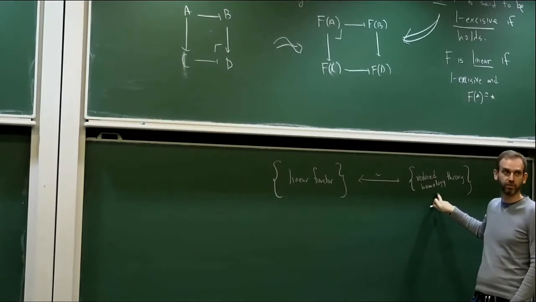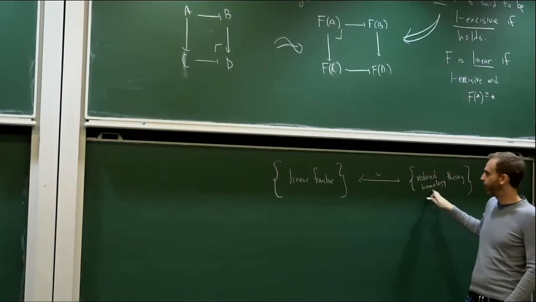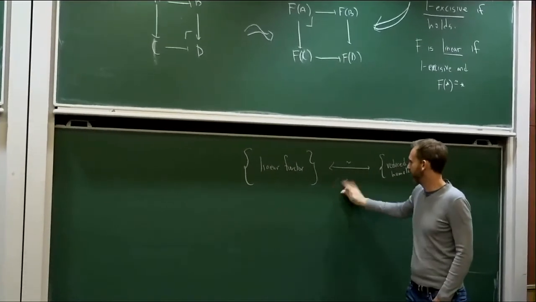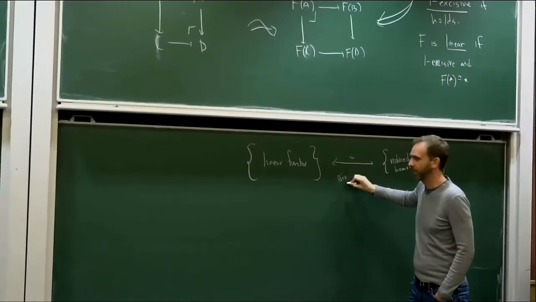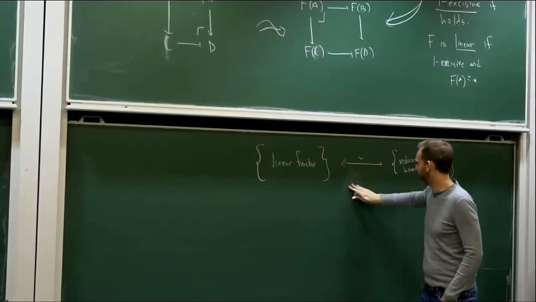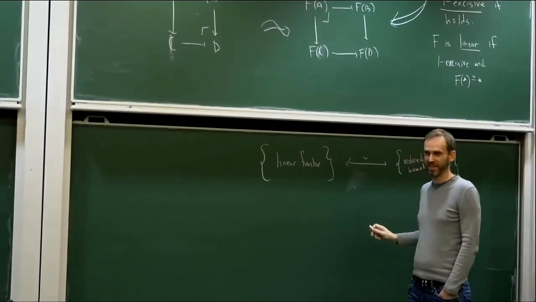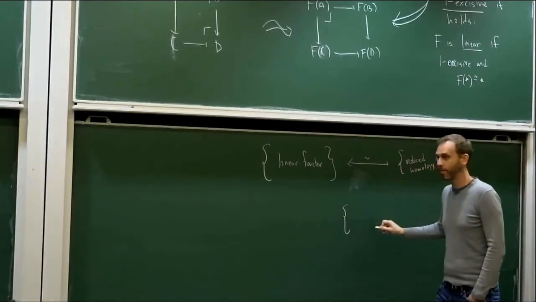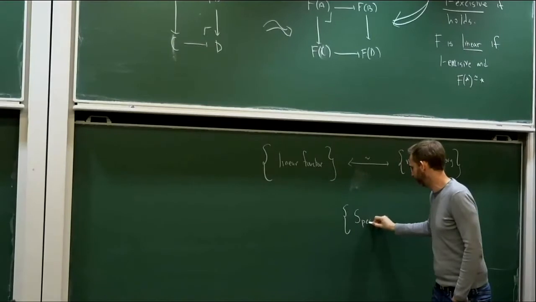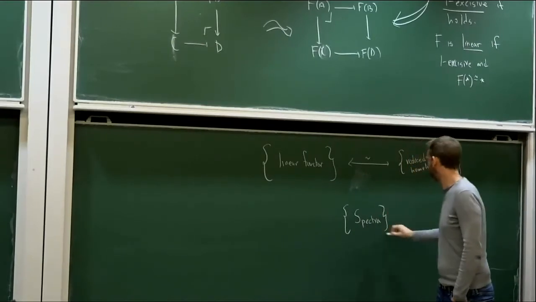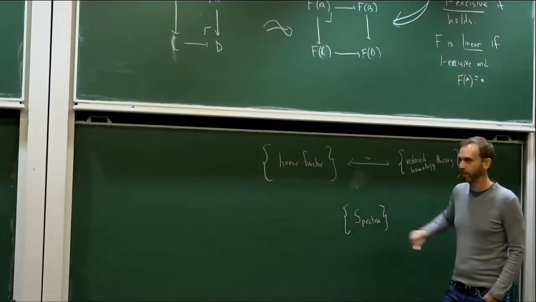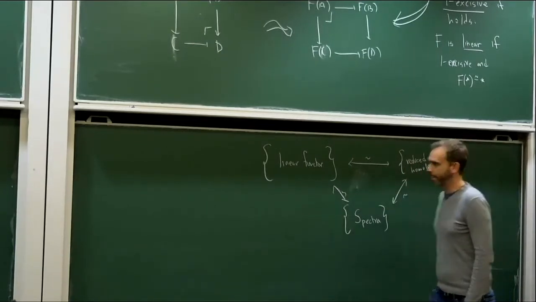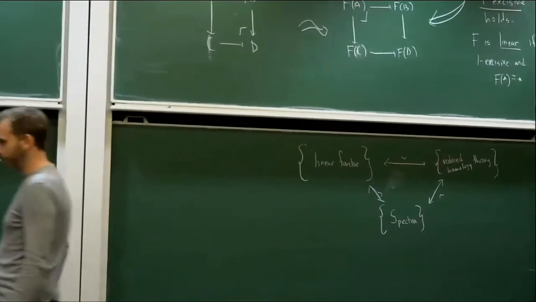I've sort of extracted it from just the notion of a linear functor. The reverse direction is what people call, well, okay, I'll call it Brown representability. I'm going to put a third thing right here, and then I'll show you what. So the third thing I'm going to put here is a spectrum. And so what do I mean by a spectrum? And then I'm going to claim that all these three things are the same.